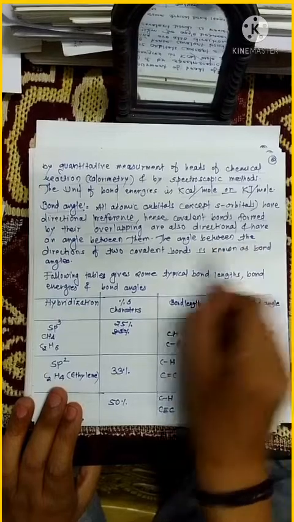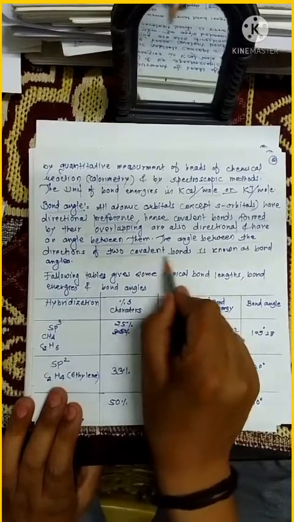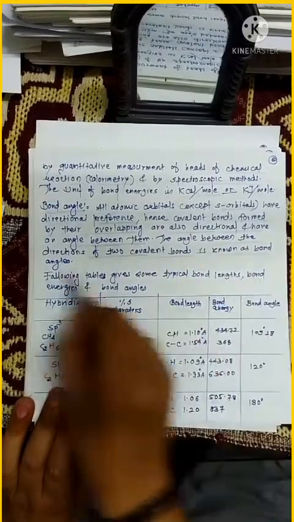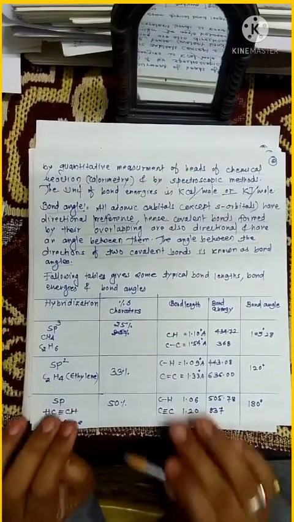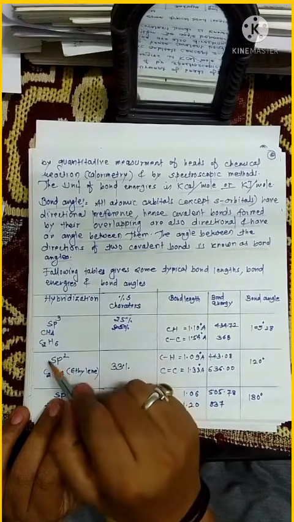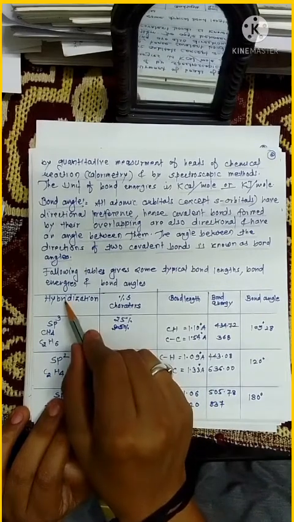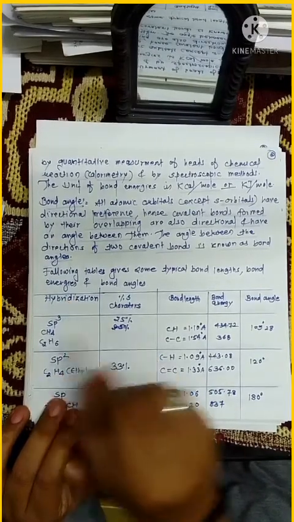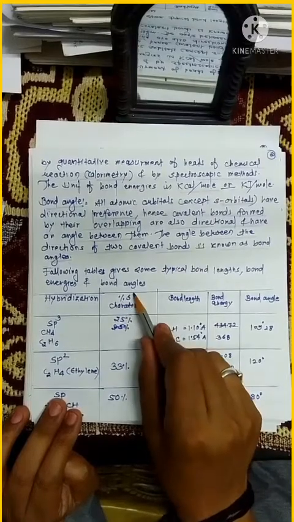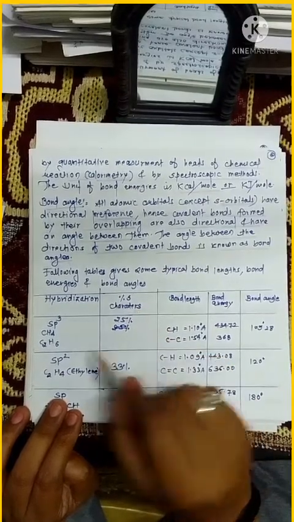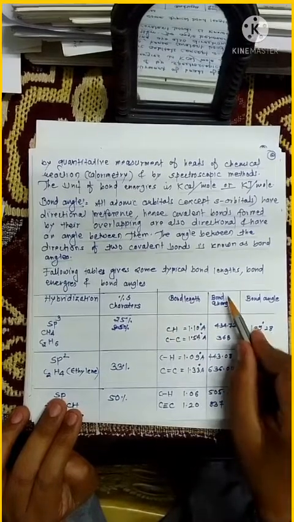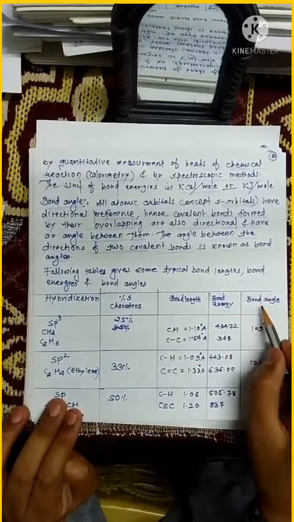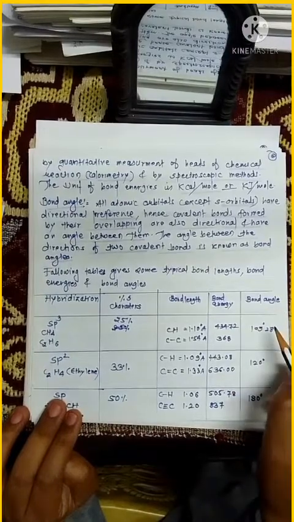The angle between the directions of two covalent bonds is known as bond angle. Now just see this table. The first column is for hybridization, second for percentage of s character, third is for bond length, fourth column is of bond energy, and fifth column is of bond angle.